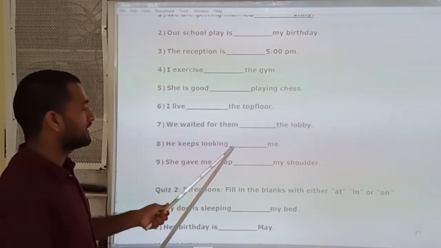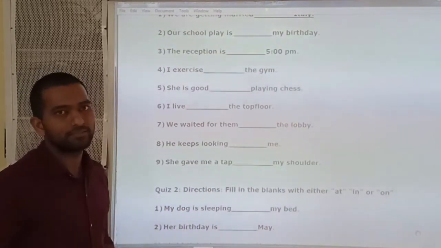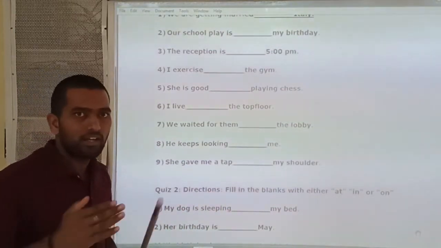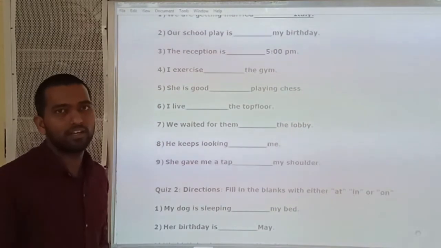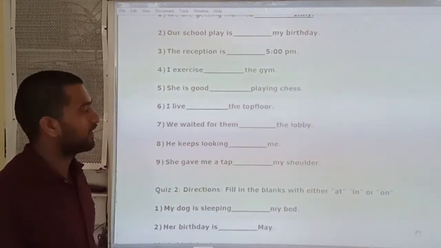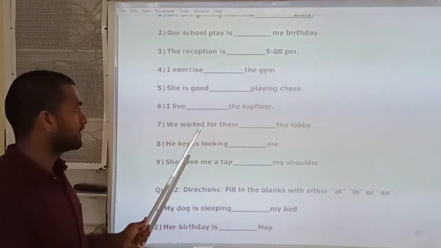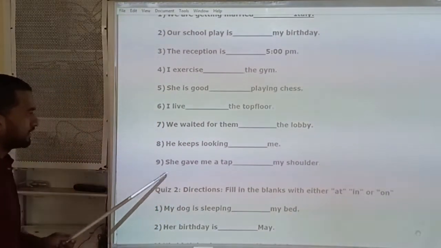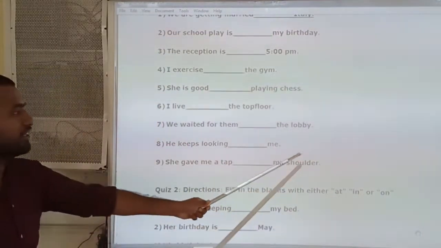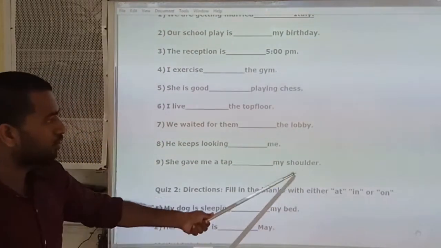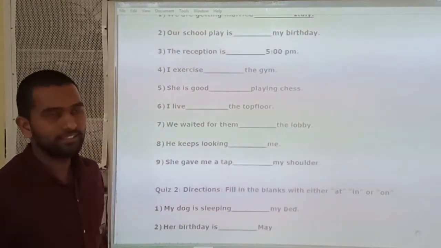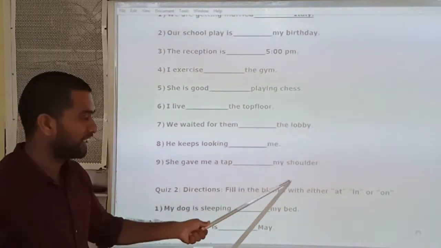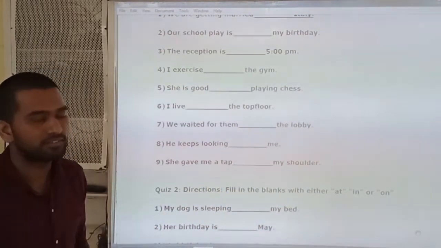These types of words are called phrases, like give up, look at, look after. We will discuss the phrases in the forthcoming classes. Next, she gave me a tap on my shoulder. See, shoulder is a part of the body, so before parts of the body we use the preposition on.